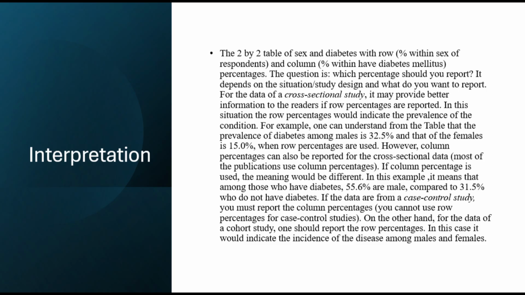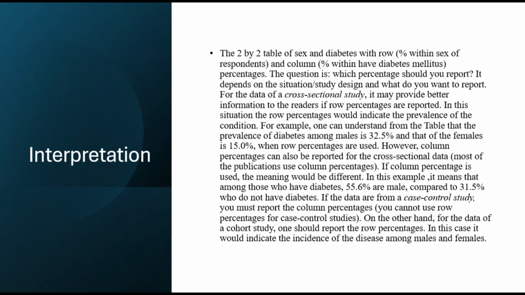Interpretation. The 2x2 table of sex and diabetes shows row percent within sex of respondents and column percent within have diabetes mellitus percentages. The question is, which percentage should you report? It depends on the situation, study design, and what you want to report.